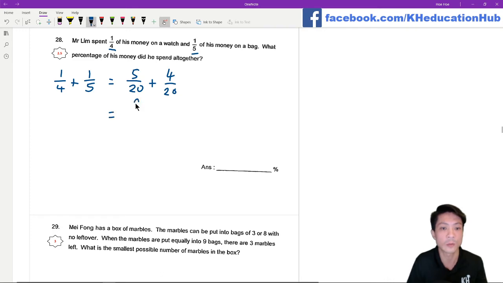Okay, which is equal to 9/20. So 9/20, if you want to convert it into a percentage, you can change the denominator into 100. So you times 5 times 5, which will give you a 45/100. So this is basically 45%.